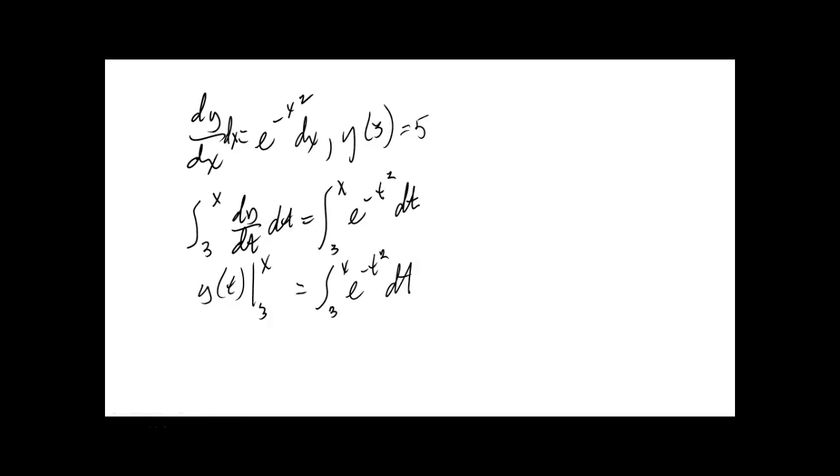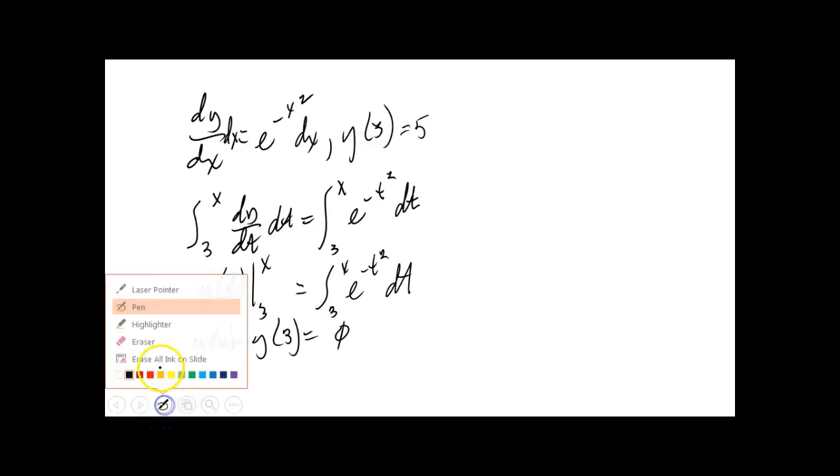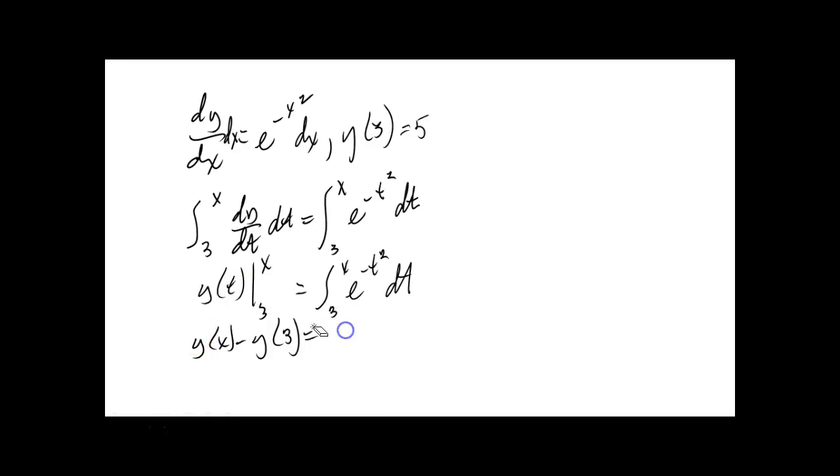Now, let's plug in here, y of x minus y of 3 is equal to this. Plug in x equals 3 here, and you get 0. When you integrate from 3 to 3, any place to the same place, it gives you a 0. Okay? Well, I'm sorry. Maybe a step too soon. So let's go back in.